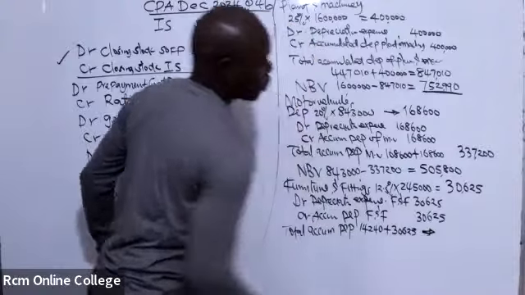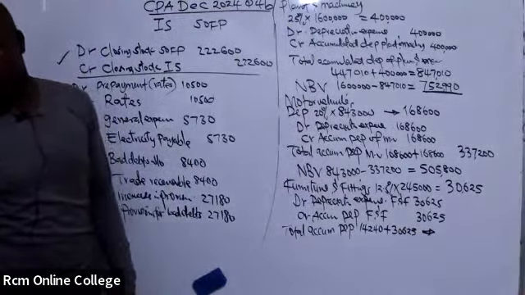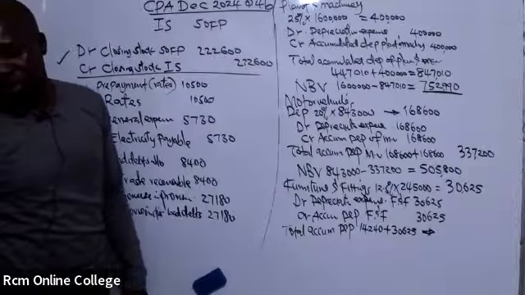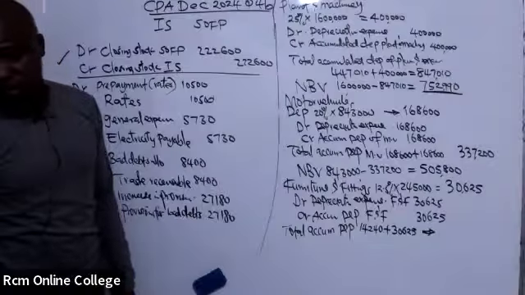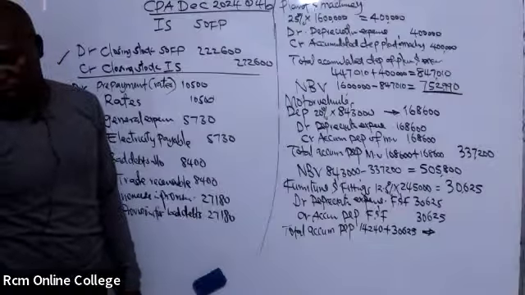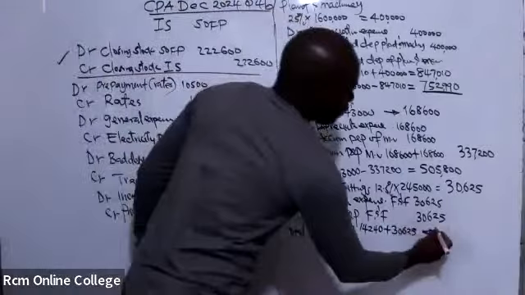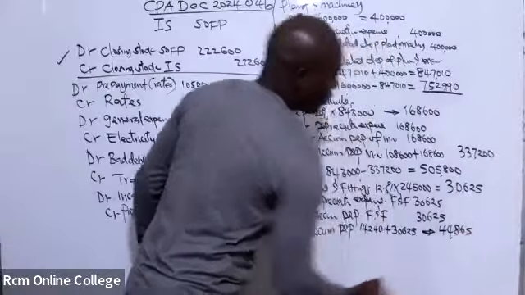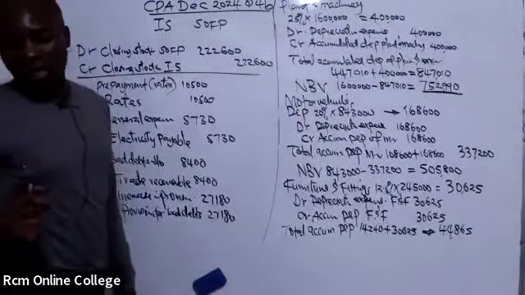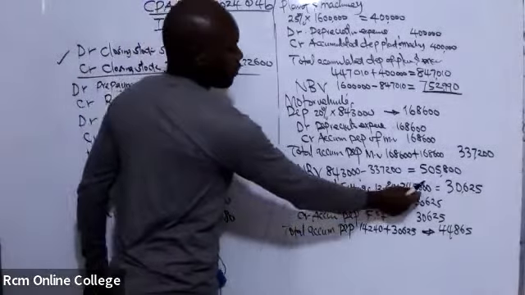How much are we getting in total as the accumulated depreciation? 44,865. Are we all getting 44,865? Yes. 44,865. Good.